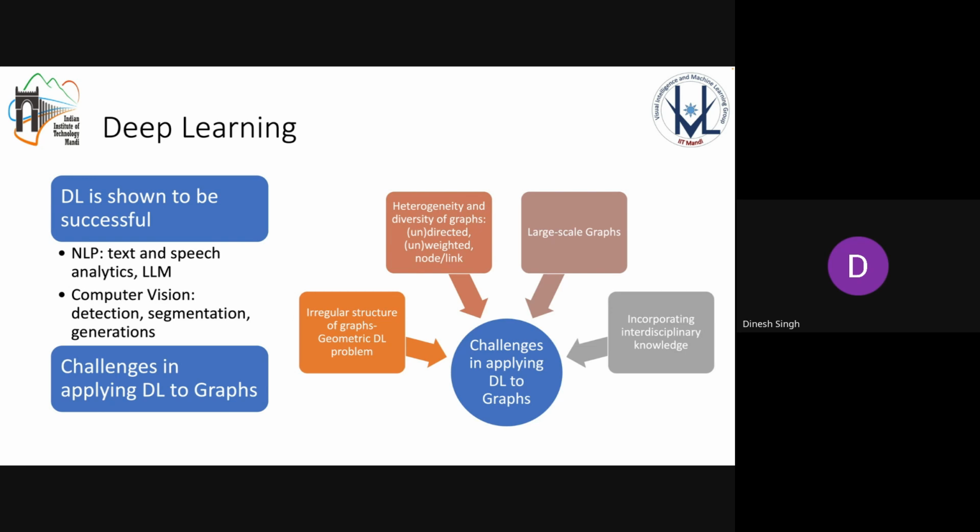Then incorporating interdisciplinary knowledge, because now in almost every domain graphs are possible, and when you are designing deep learning techniques, whatever domain knowledge is available there, did you apply that correctly or not? It's not like you define one graph neural network and it can work universally. Based on whatever knowledge we have, prior to designing a method, we should have some interdisciplinary knowledge about all those things.